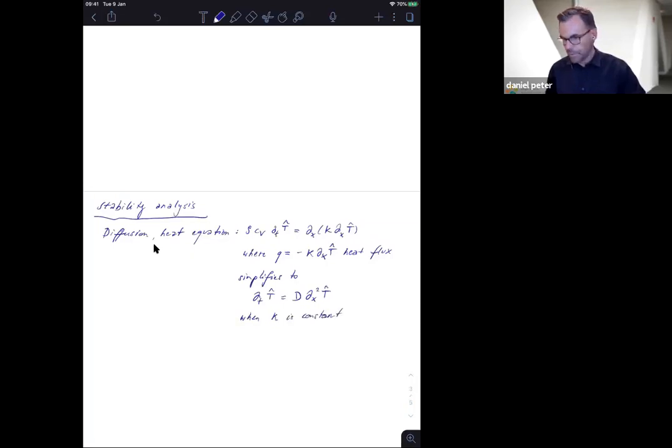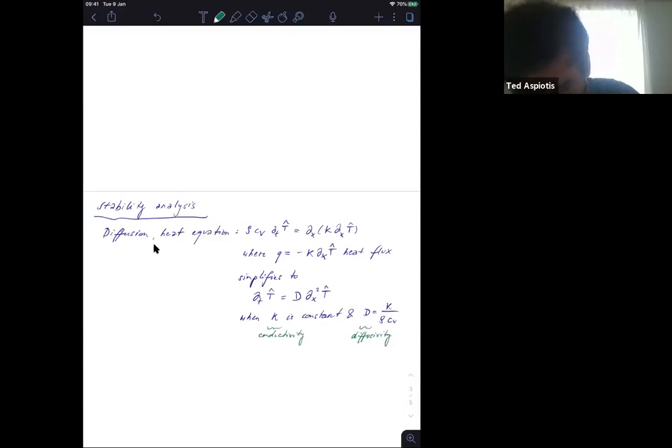We can then just define the diffusivity D as our conductivity divided by rho times the specific heat C. Just call it diffusivity coefficient.